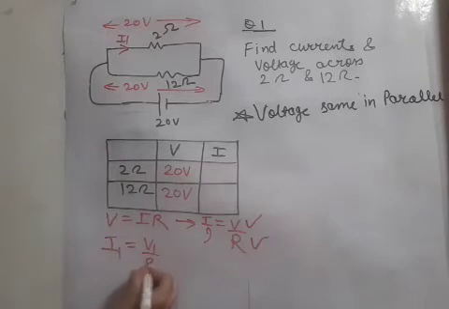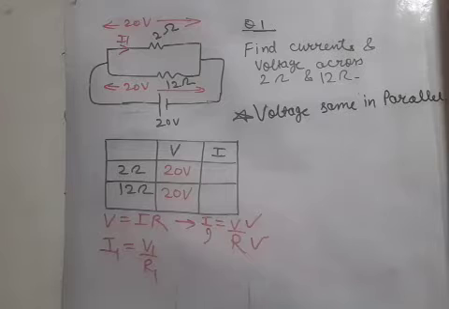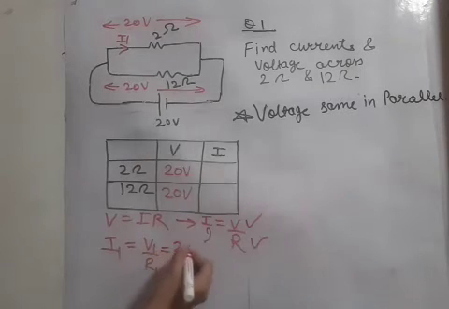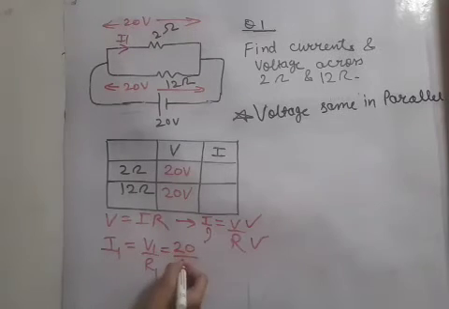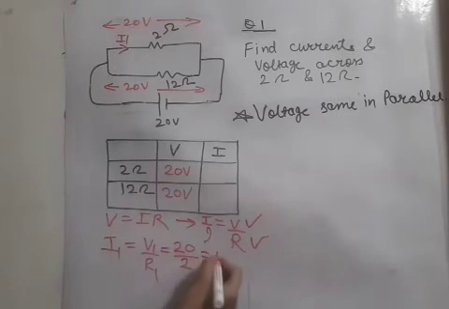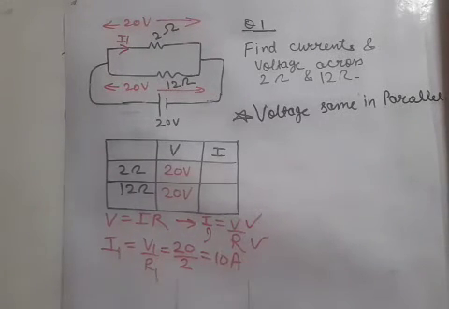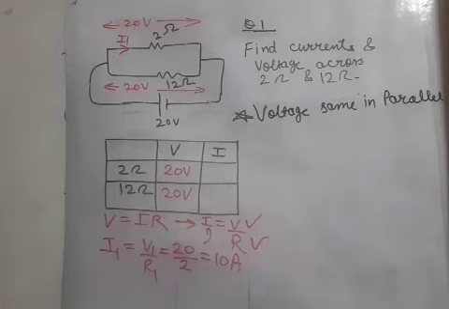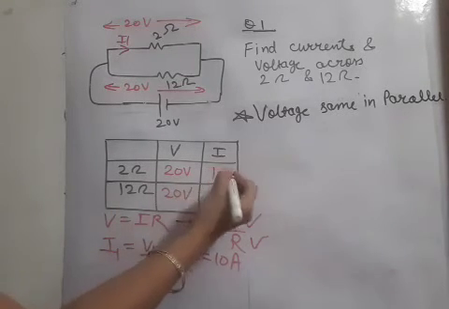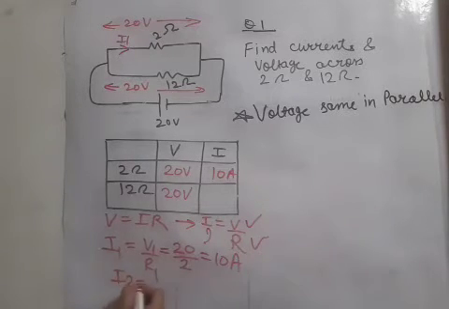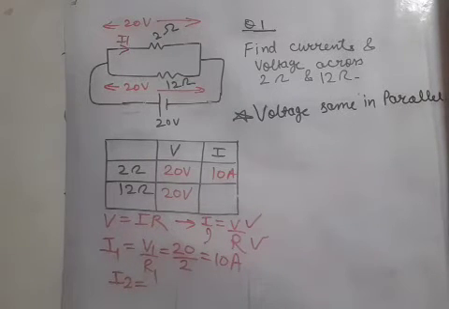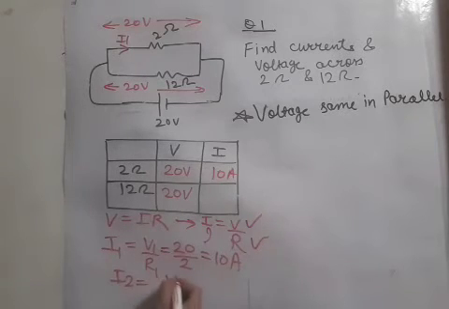Current is solved by V1 by R1. What is V1? 20. And what is R1? Resistance number first, 2 ohm. This way the current will be calculated as 10 ampere. So 10 ampere is the answer for current 1. In the same manner, current 2, I2, will be obtained by V2 by R2.